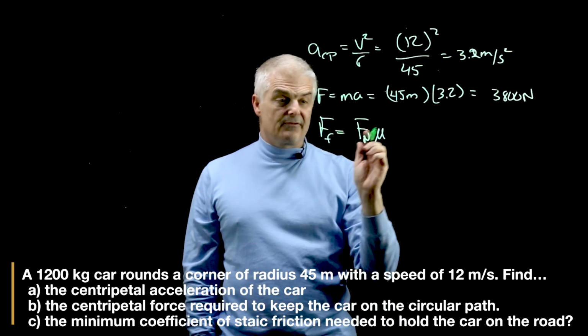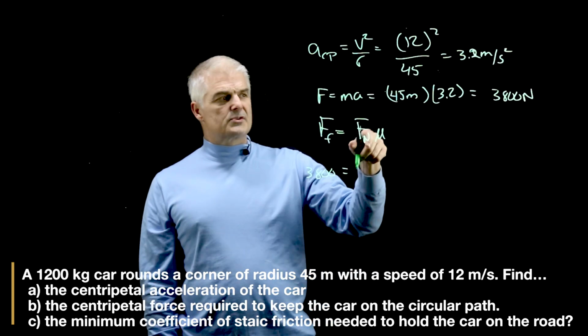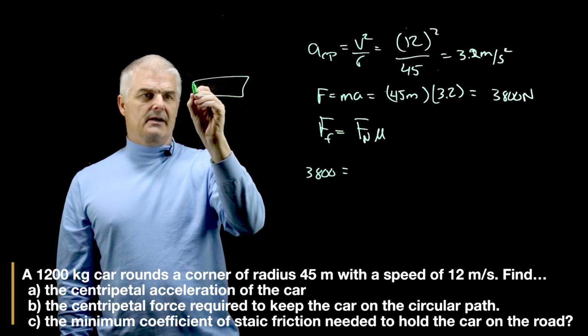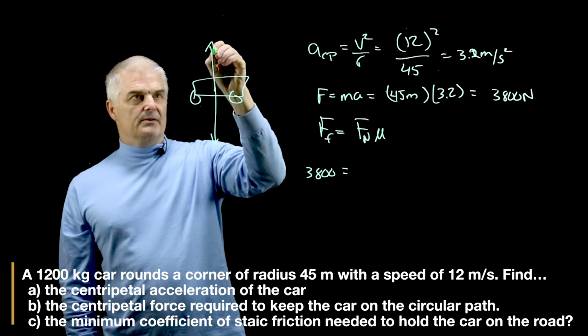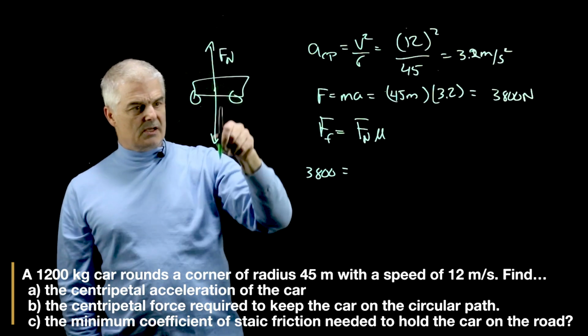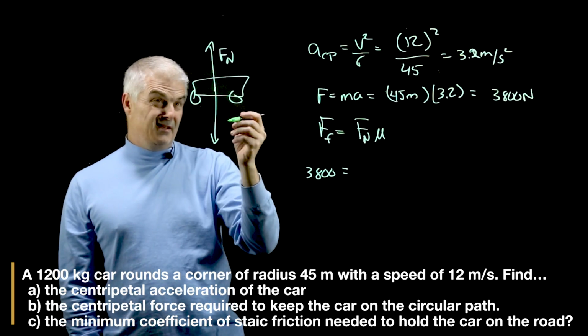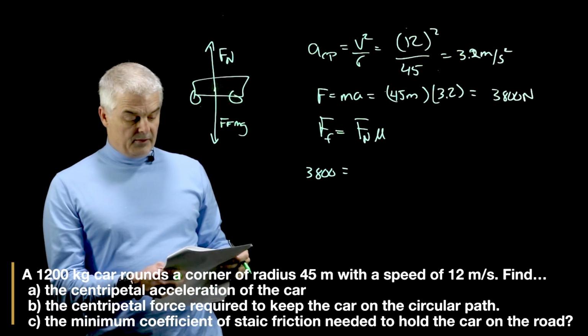So this is going to be the force of friction, 3,800, and it's equal to the normal force times mu. Now the normal force is the force perpendicular to the plane of motion. So if we've got our car right here, the normal force is this. It's actually going to be F equals mg, because there is no angle thing going on.